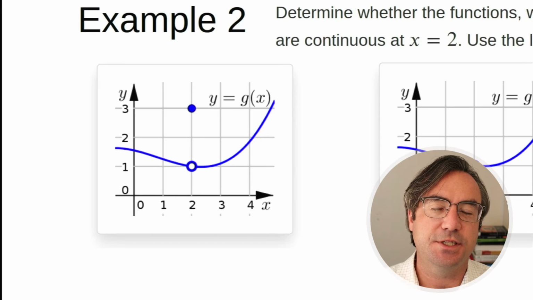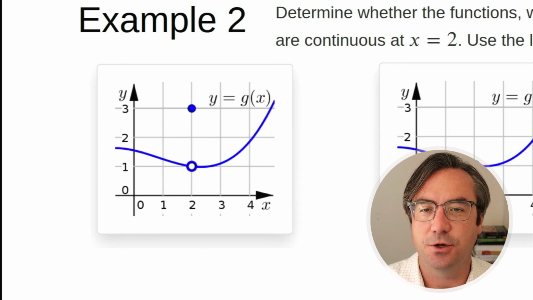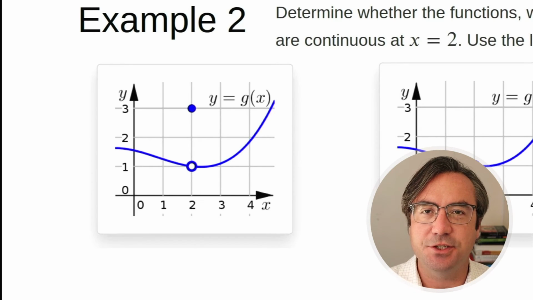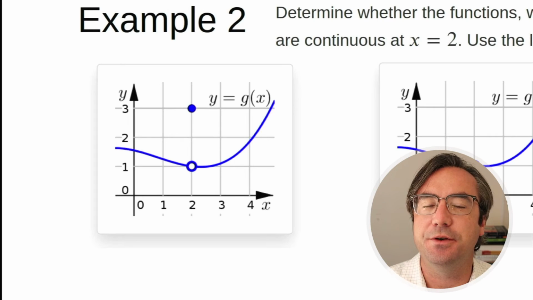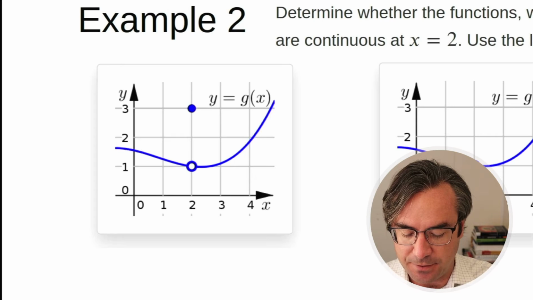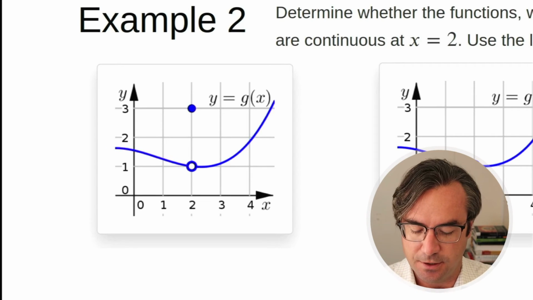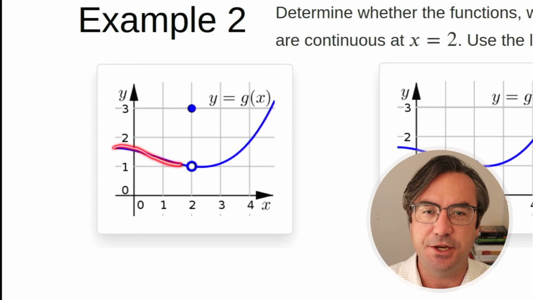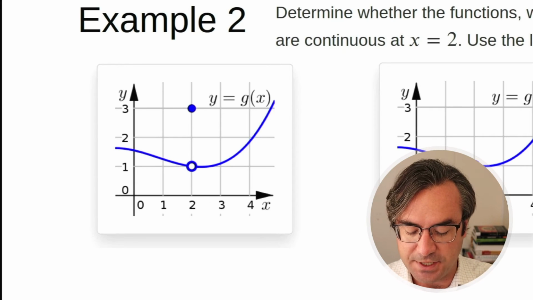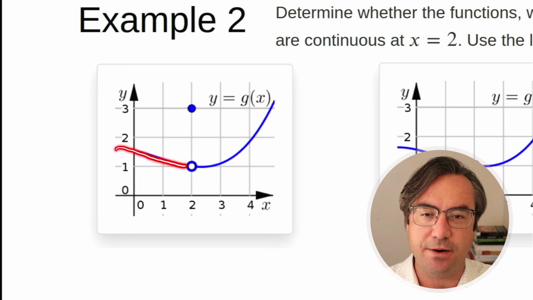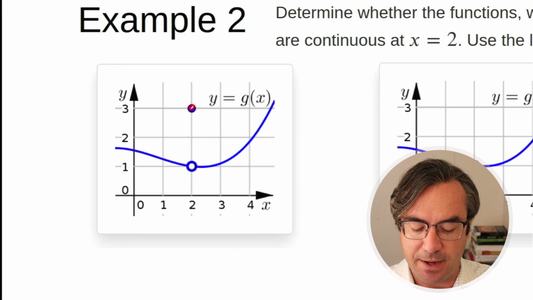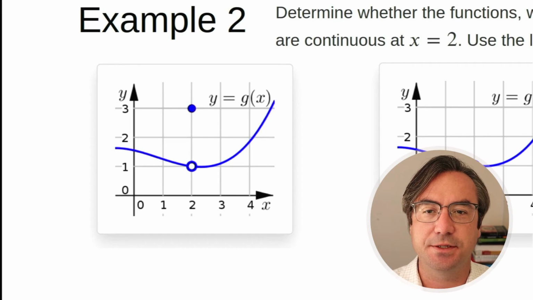All right, so let's look at this first one. First, let's just talk our way through this. So we have a graph of a function here, and let's think of the intuitive, draw-the-graph definition of continuity. If I were to start drawing, this part is fine. All these points over here, our graph is continuous. But once I get to right around x equals 2, I have to take my pen off the page to draw that point.